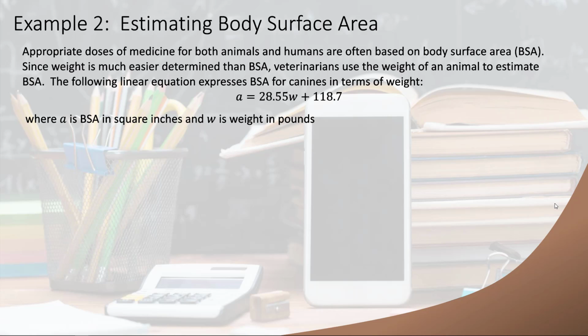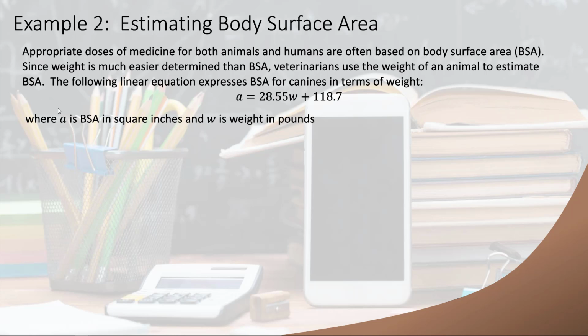Okay, here is another example that we might encounter. And this one has to do with computing doses for certain medicines. Here, the appropriate doses of medicine for both animals and humans are often based upon what we call the body surface area, or BSA. Since weight is much easier to determine, all you need is a scale, veterinarians tend to use the weight of an animal to estimate the BSA.